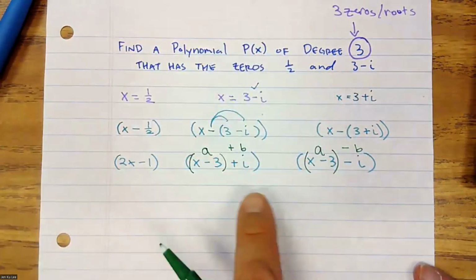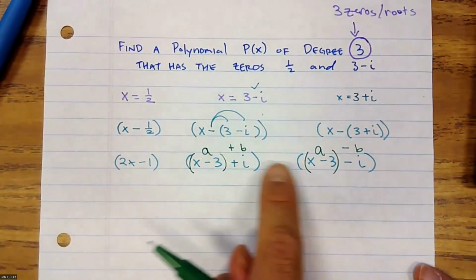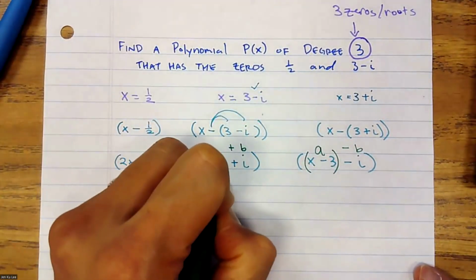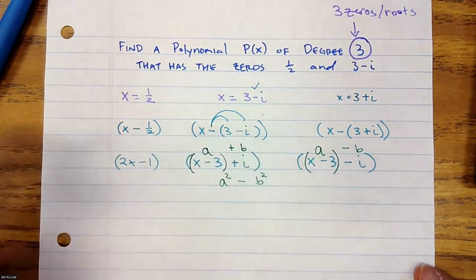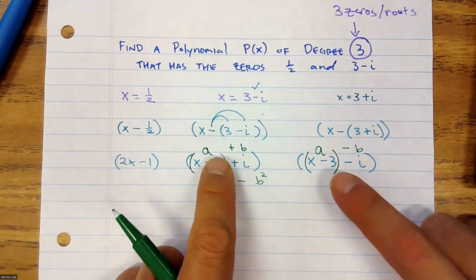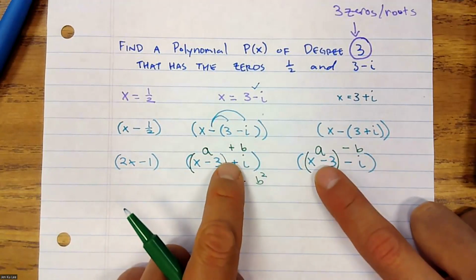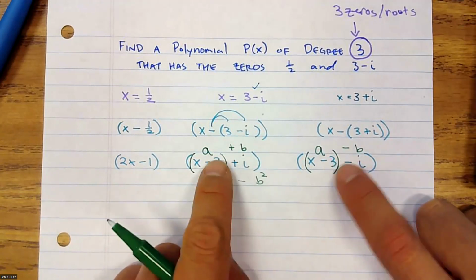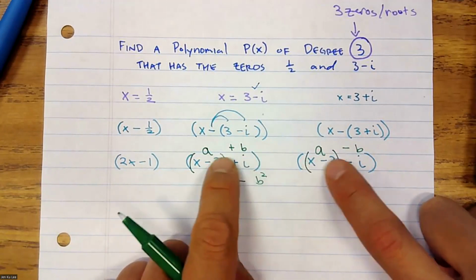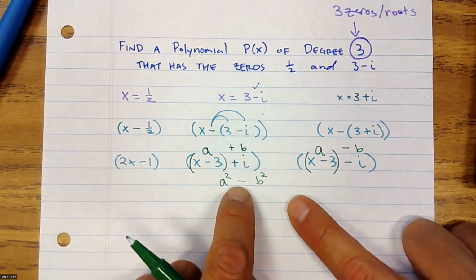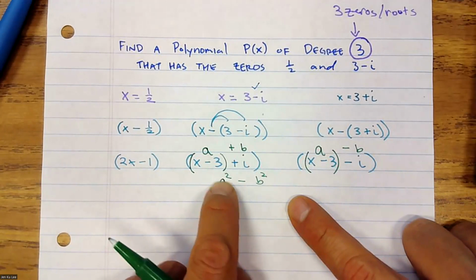Plus, minus, if I multiply that out, I know I'm going to get a squared minus b squared, correct? If I multiply these two complicated parentheses out, I know I'm going to get a squared minus b squared.